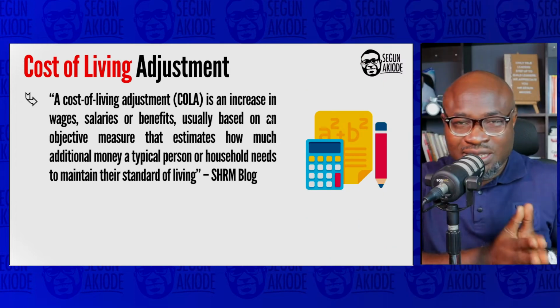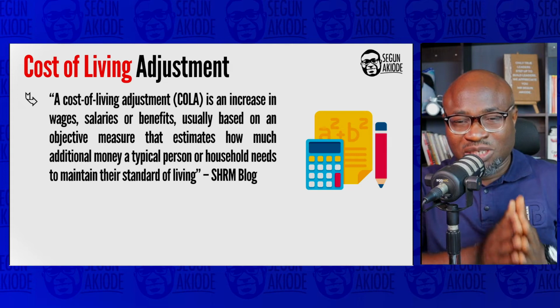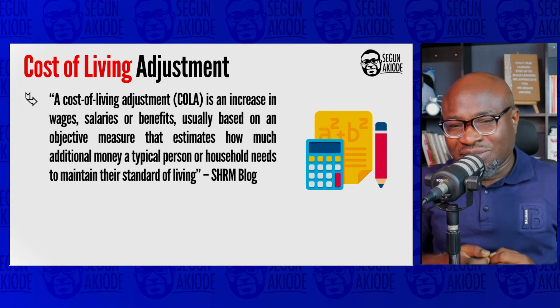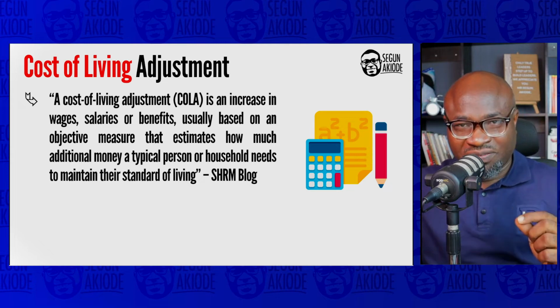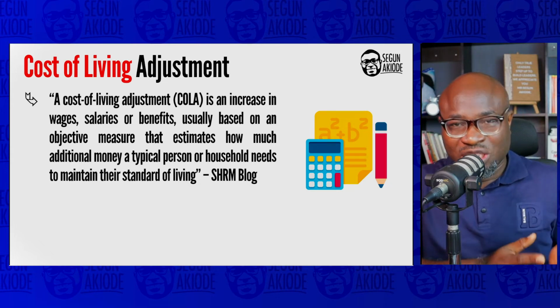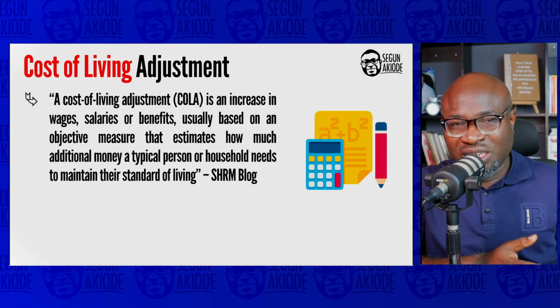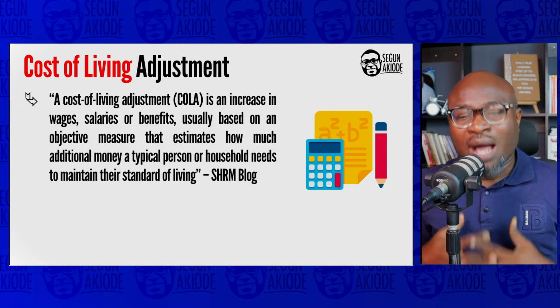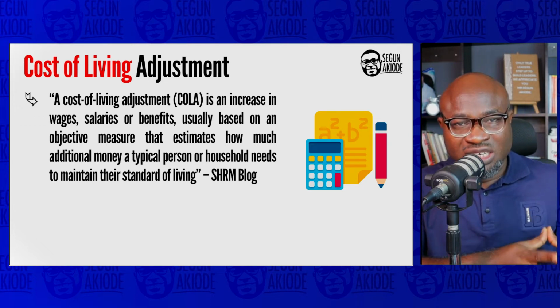It's called cost of living adjustment. According to an SHRM blog, a cost of living adjustment, COLA, is an increase in wages, salaries, or benefits, usually based on an objective measure that estimates how much additional money a typical person or household needs to maintain their standard of living.